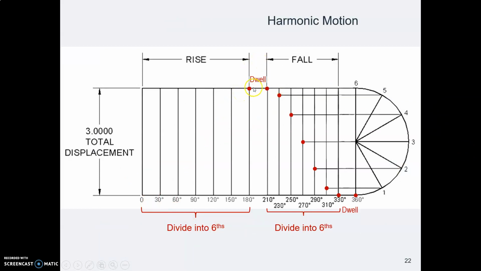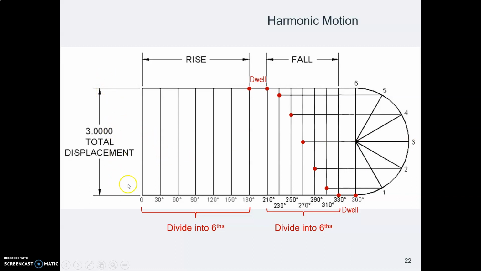Then it will dwell for 30 degrees, so you'll have a straight line across the top from 180 to 210. And then it will fall over 120 degrees. And by the way, I squished the proportions of this graph so I could fit it onto the slide.